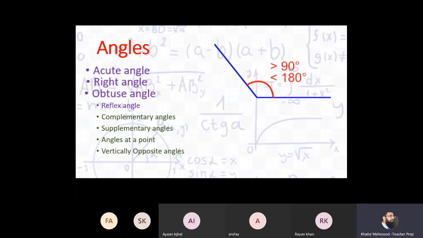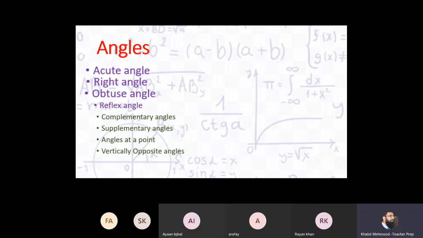So 179 is obtuse, 91 is obtuse, 90 is exactly a right angle, 92 is obtuse, 100, 120, 130, 160, 170, 179 are obtuse angles, but 180 is a straight angle. I am not writing it here because a straight angle is a different angle. So this is an obtuse angle.